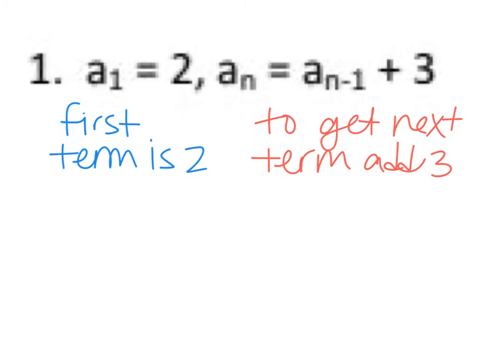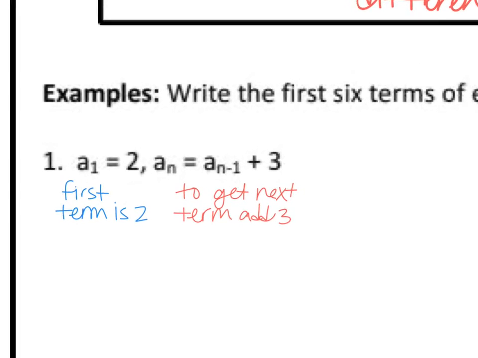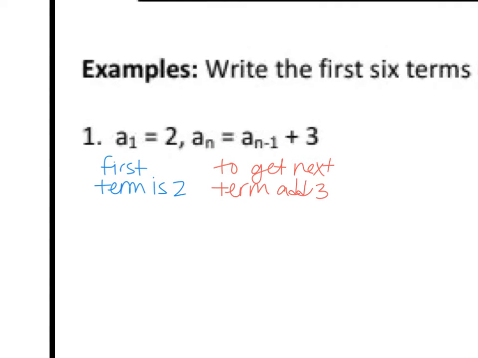Weird, I know. Okay, so we're going to write the first 6 terms of the sequence. The first term is 2. To get a next term, that's what the n minus 1 means, take the previous term and add 3. So what's the next term? 5.